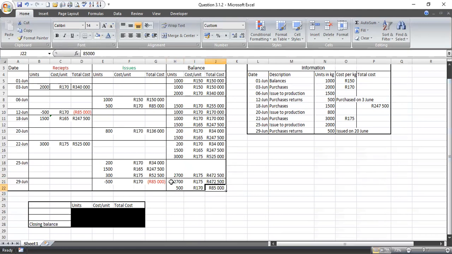Our closing balance will relate to these products over here because these are the products that we have in our storeroom in our last transaction.